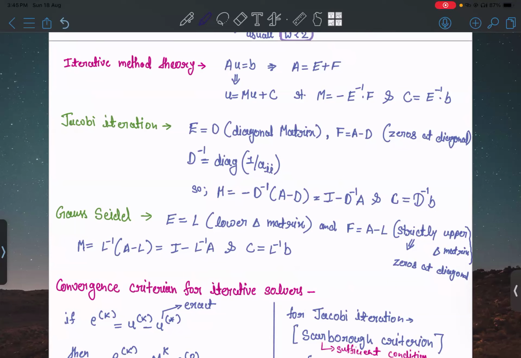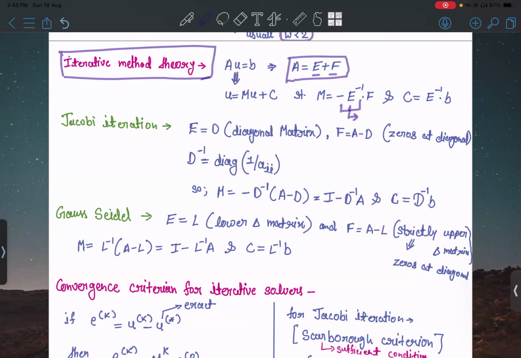Now, whatever we have discussed, its theory was also discussed by the instructor. There, the coefficient matrix A is decomposed into E and F, such that taking the inverse of E is very easy.